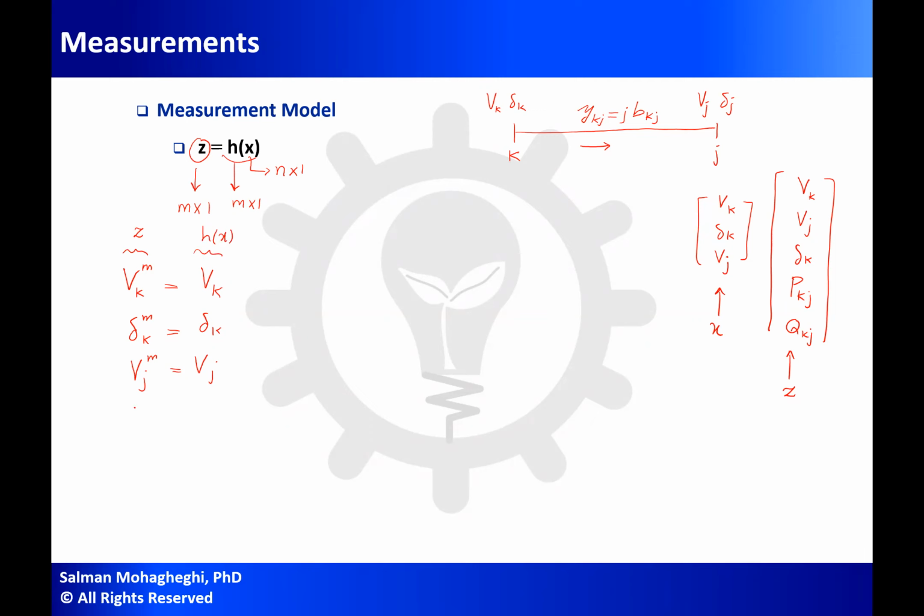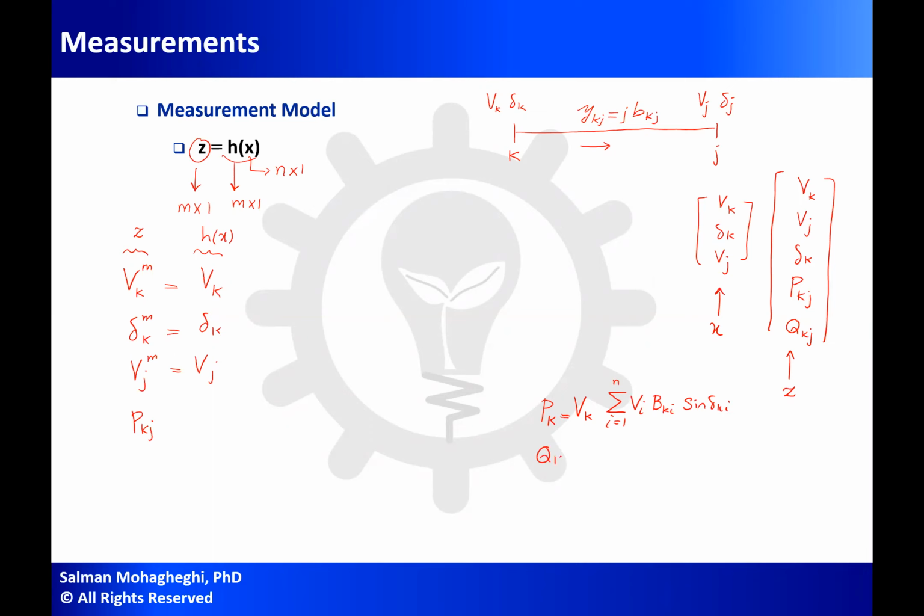Now we come to PKJ. Recall that PK, the active power injected at bus K, that was for the Newton-Raphson technique, we found it as VK times summation of, let's say, i goes from 1 to n of Vi, Bki, and then sine of delta ki.